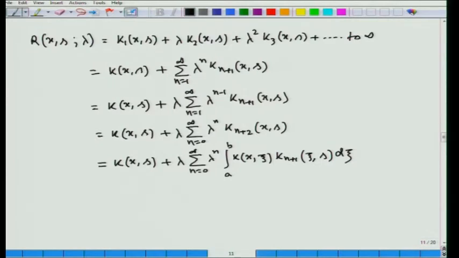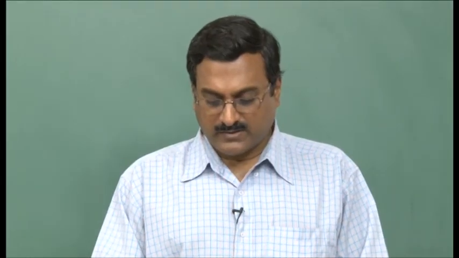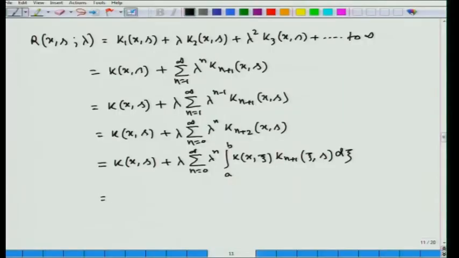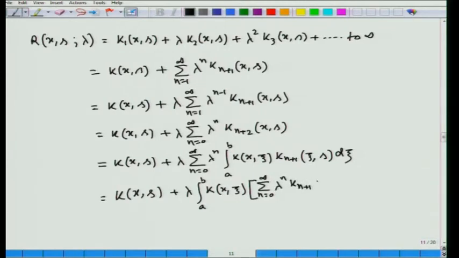Now, we have already proved the uniform convergence of this part. Therefore, we can interchange the summation and integral sign. So, after interchanging, you will have K(x, s) plus lambda integral a to b K(x, xi) sigma n running from 0 to infinity lambda to the power n K_(n+1)(xi, s) d xi.